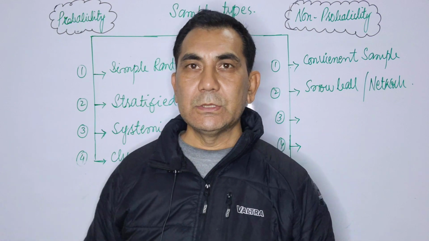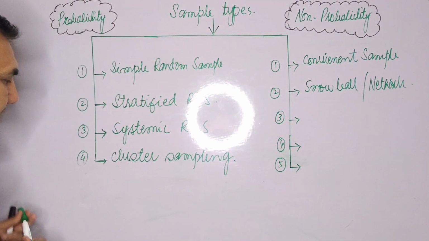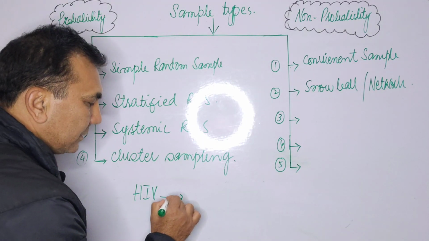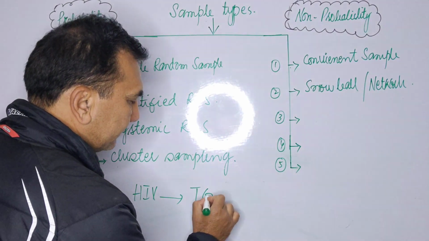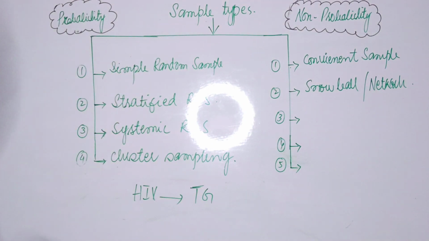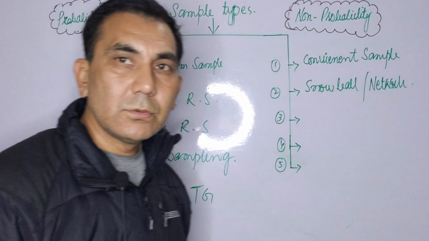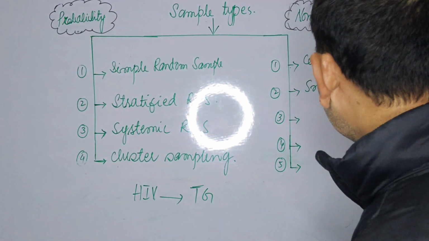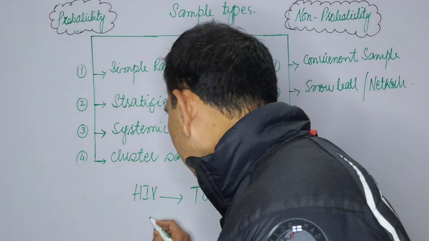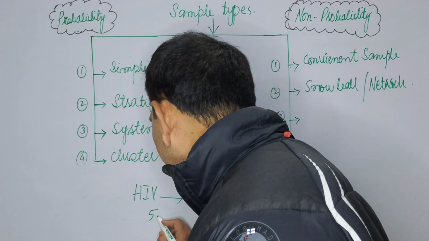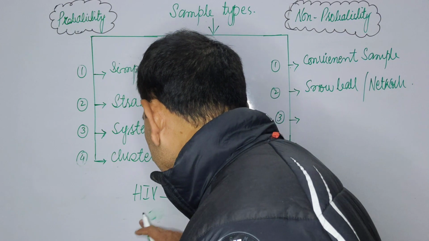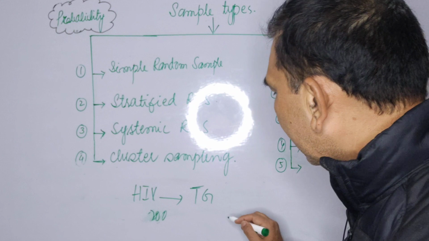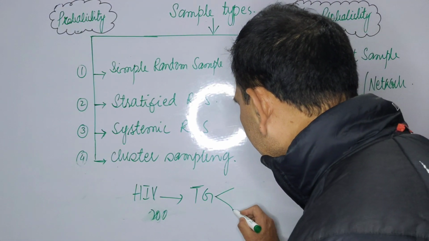Suppose a researcher wants to conduct a study on HIV/AIDS among the transgender group, among 50 or 200 transgender people. What will the researcher do?